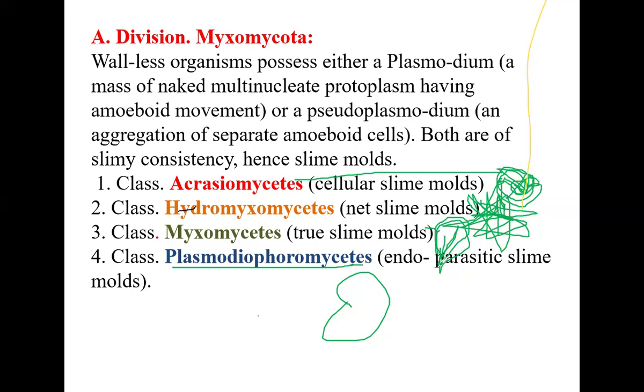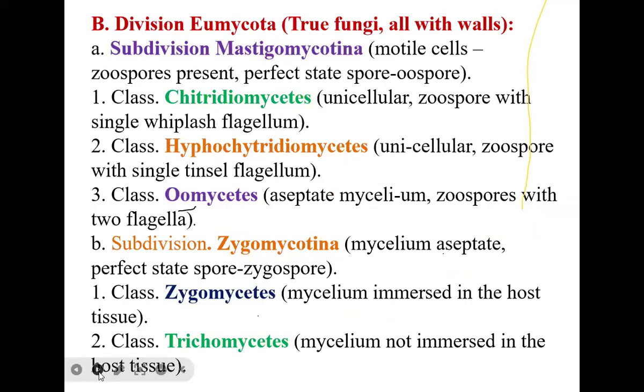And parasitic slime molds are called Plasmodiophoromycetes. Okay. And then the next is Eumycota, true fungi. I already told you. Divided into 5 groups. What are those 5 subdivisions?